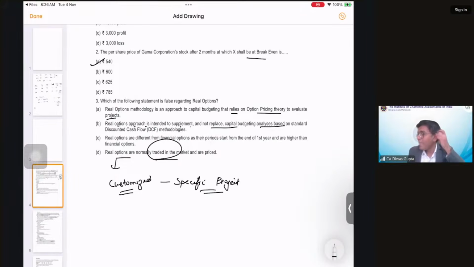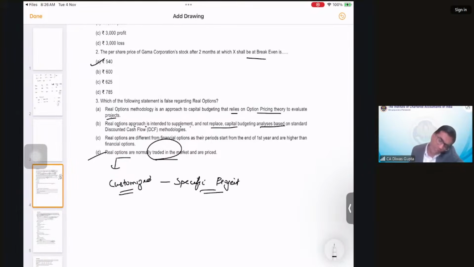The only dealing in the market can happen in those situations wherein the contract is a standard contract, students. Since this is not a standard contract, this cannot be traded on a market, and hence D becomes the false answer.